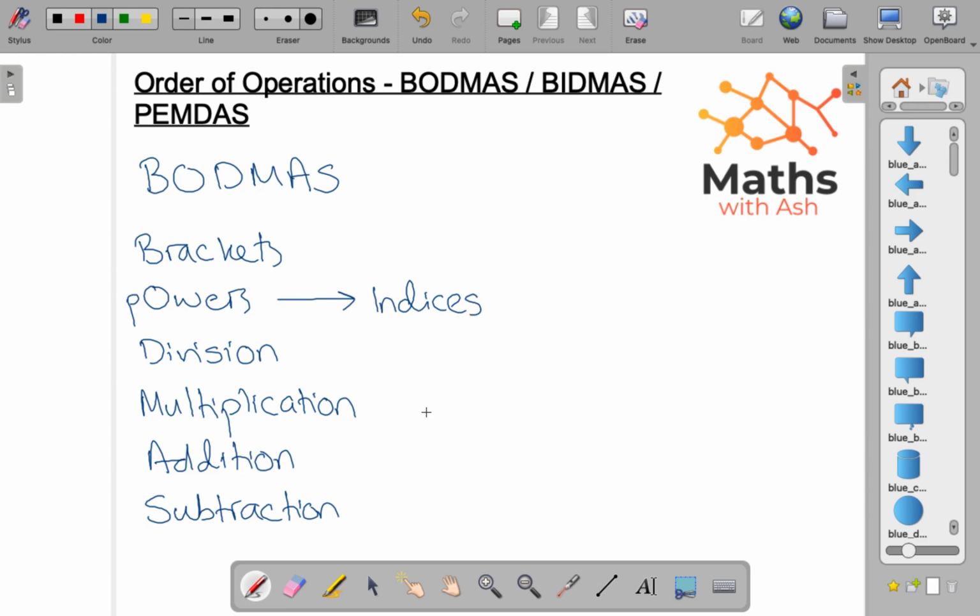Okay, and then PEMDAS, what we have instead is over here. So I'll do this one, BIDMAS. I'm not going to write it out again just because there's no point. BIDMAS, and then we'd have PEMDAS over here. So brackets would instead be called parentheses.